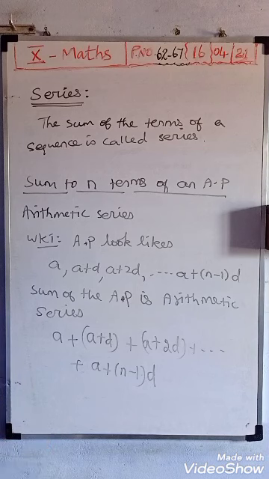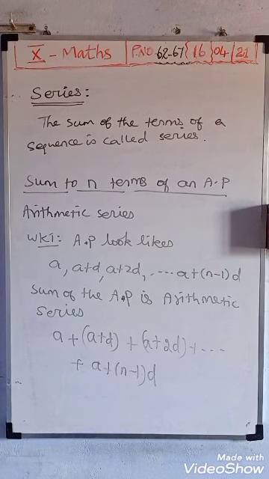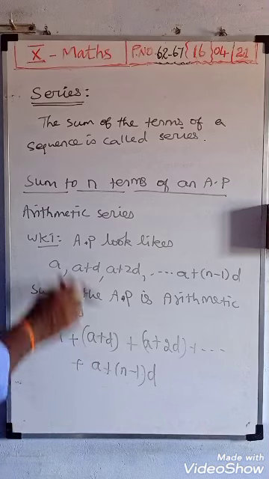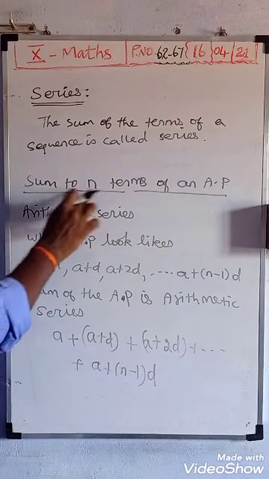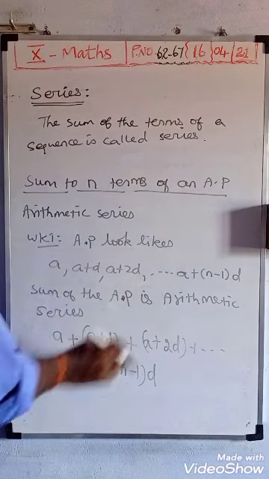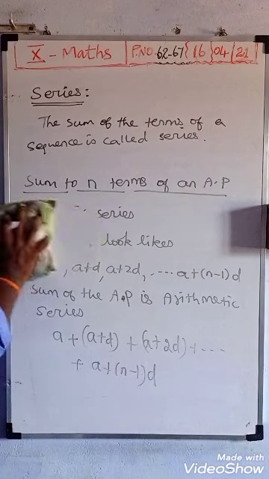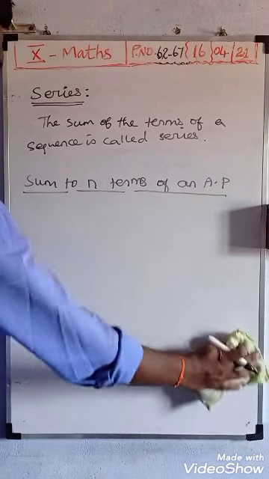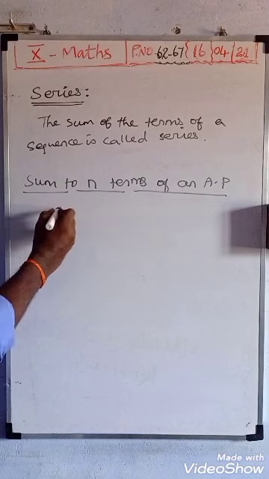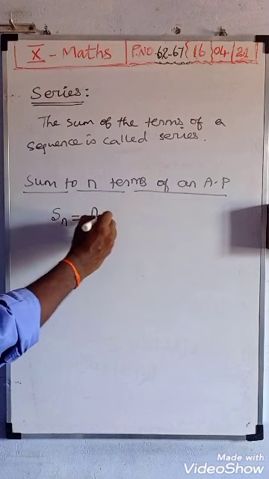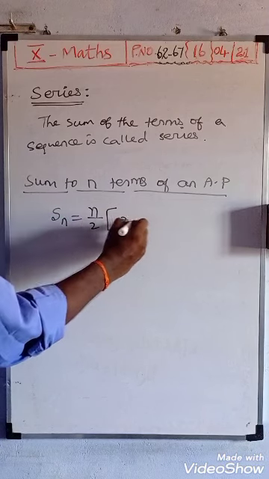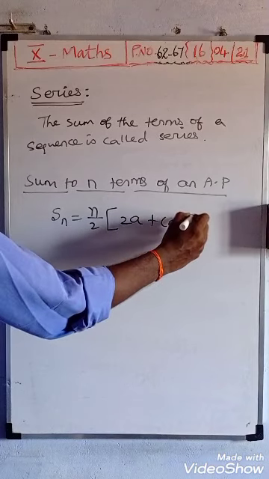So the sum of n terms of an AP has the formula Sn is equal to n by 2 into 2a plus n minus 1 into d.